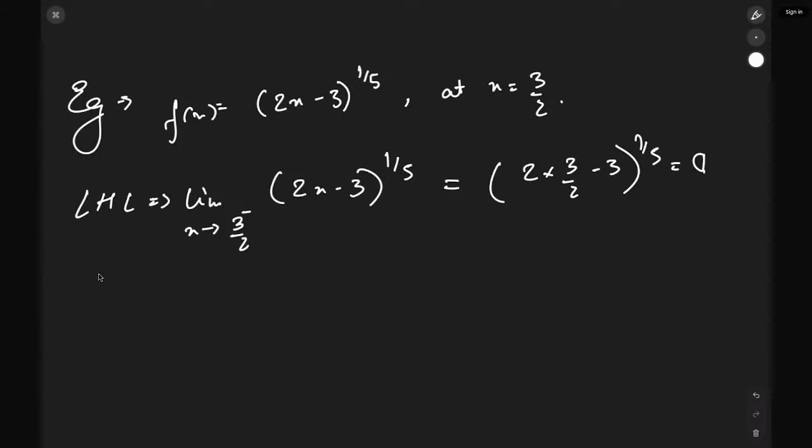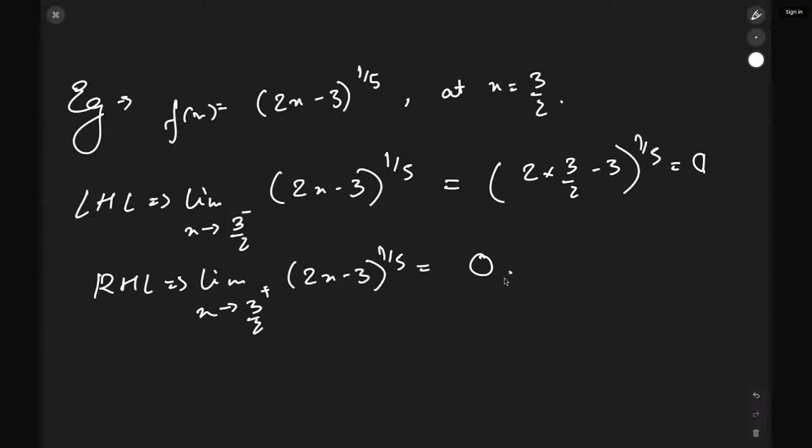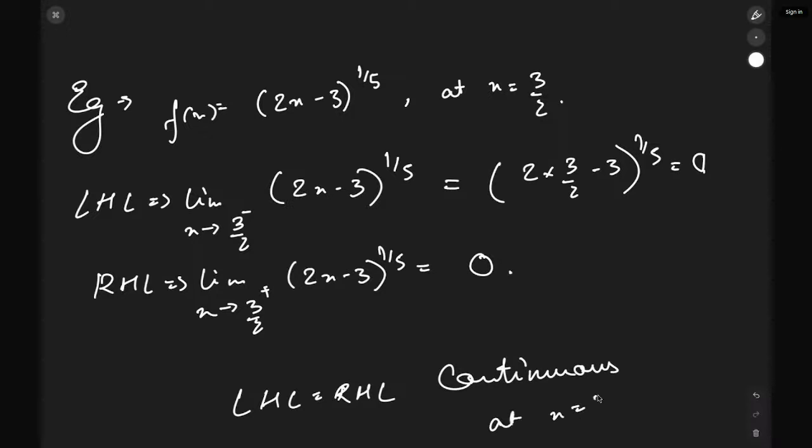Alright, LHL is 0. Now for right hand limit, x tends to 3 by 2 from the positive side, (2x minus 3) raised to the power of 1 by 5, which will also come as 0. So since left hand limit is equal to the right hand limit, this function is continuous at x is equal to 3 by 2. Correct.